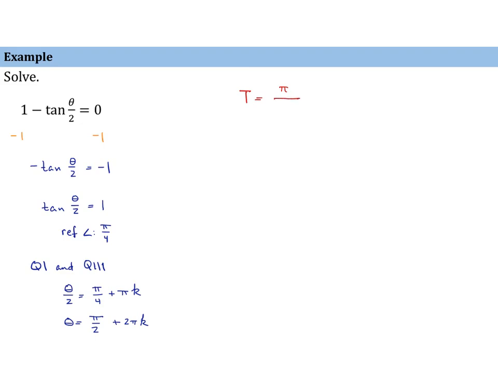So we take pi and we divide by a half. Where did the half come from? This is tangent of 1/2 of theta. So this will be 2 pi. And that is where the 2 pi comes from. So our answer is simply pi over 2 plus 2 pi k.